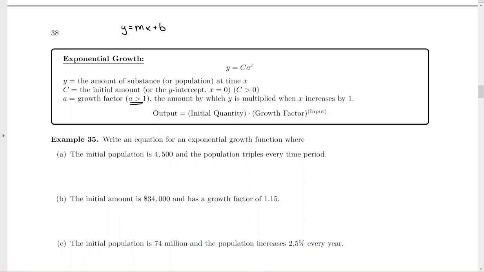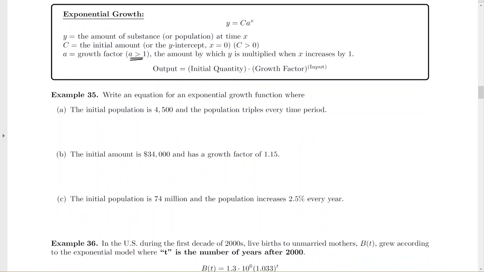So for example here, the initial population is 4,500. The population triples every time period. So our equation is going to be y equals, it's got to be an equation, so we need the y equals here.